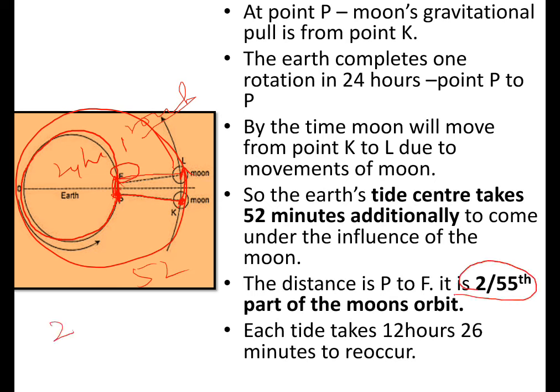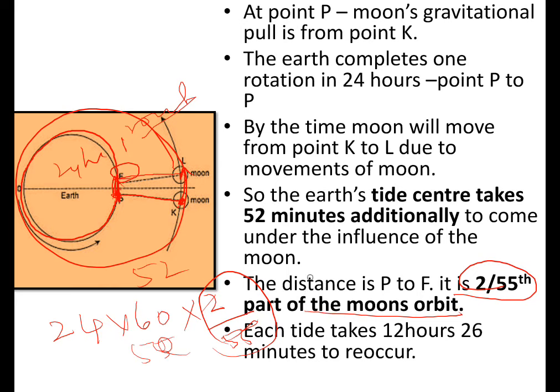The PF distance is the 255th part of the moon's orbit in 24 hours. The moon moves from K to L, which is the 255th part of the moon's orbit. When we calculate that, we get 52 minutes.